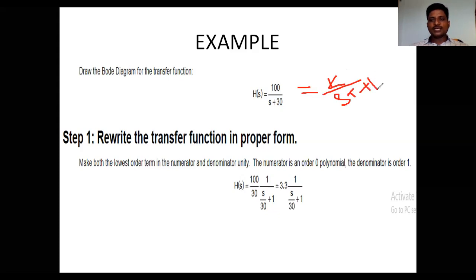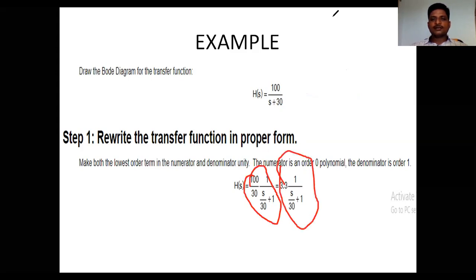In order to change this, we are taking some mathematical steps. This is how you can write or change the given function.